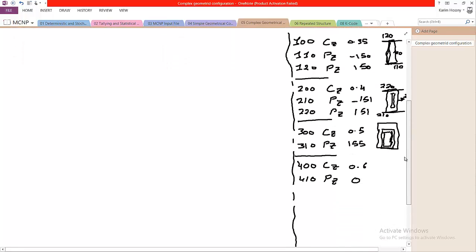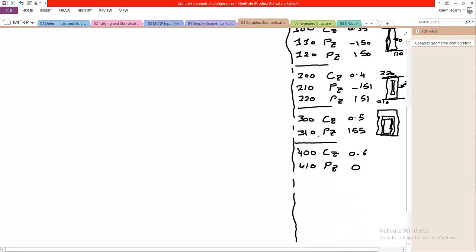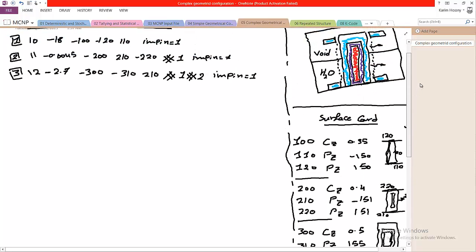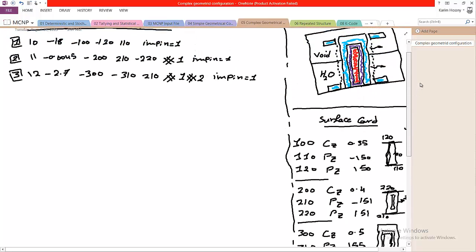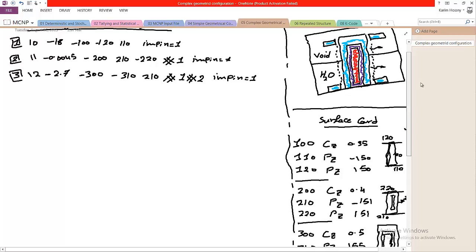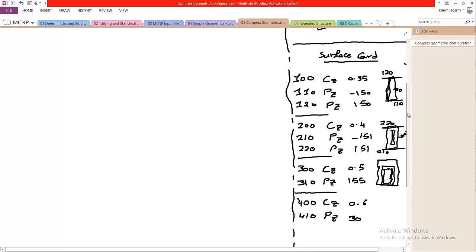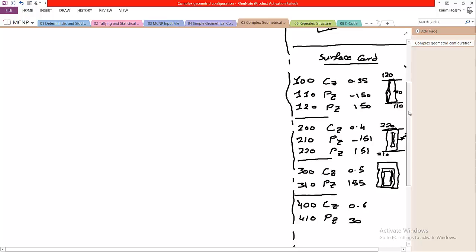Maybe we can make it above it a little, so it can be like 30, plane perpendicular to the z-axis at 30 centimeters, and the bottom plane is the same as that of the helium gap and the clad, so we can use the surface 210 again.